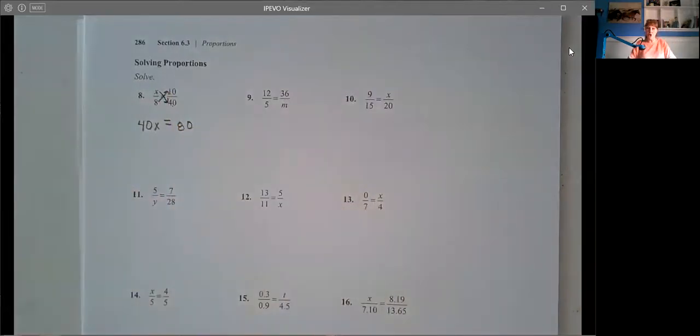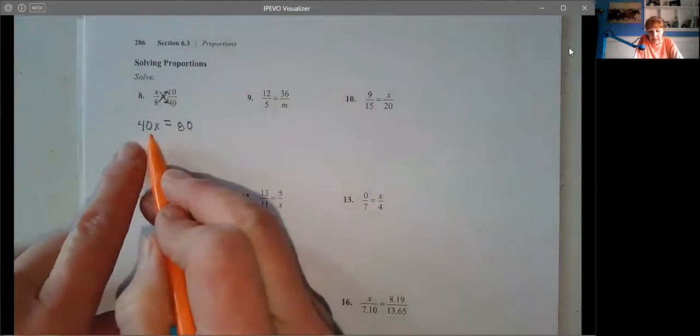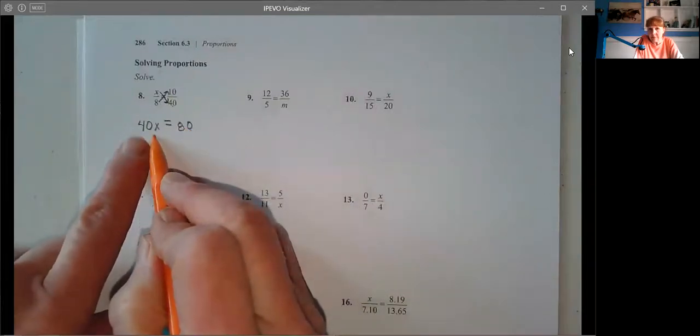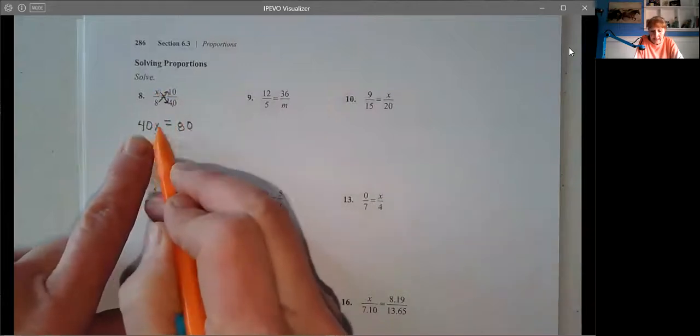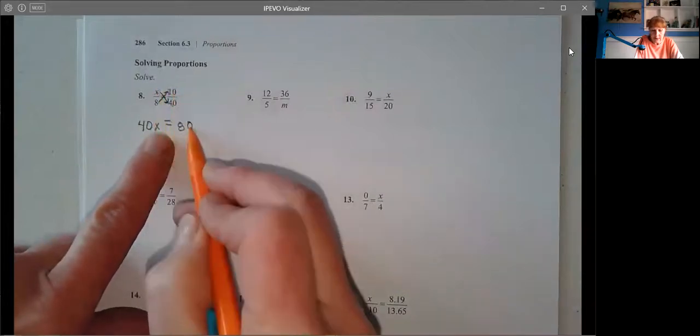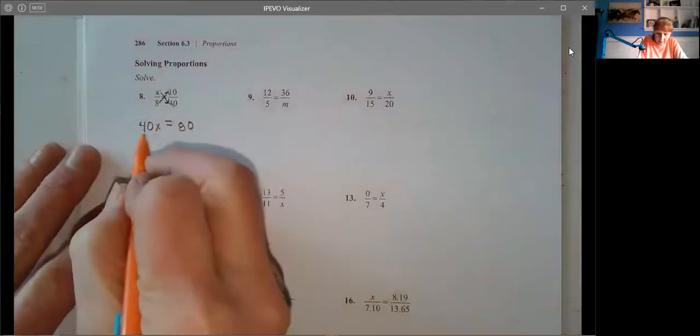Notice that the fractions are gone. For some reason, some people want to put this 80 underneath. They want to keep the fraction idea. But when you do the cross products, it's this times this equals the other cross, and there's no fraction. That's gone. And now you solve it for x using our rules here.